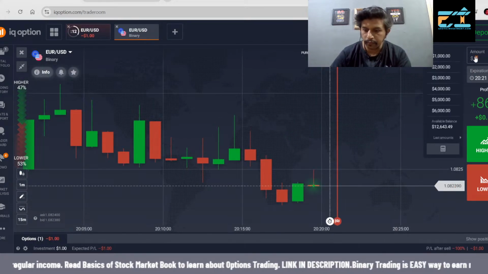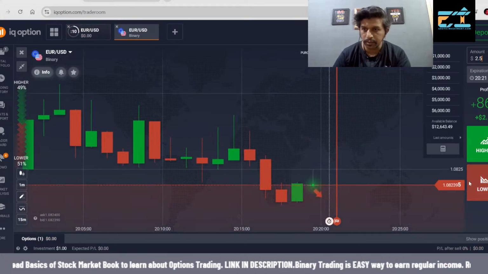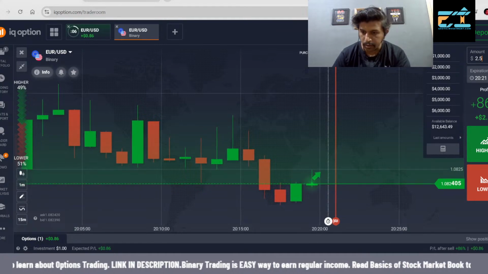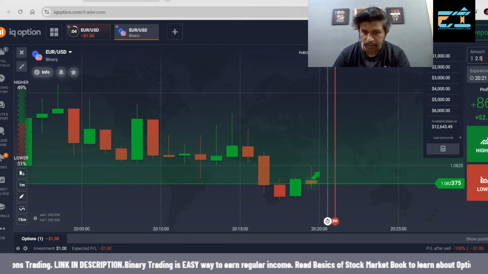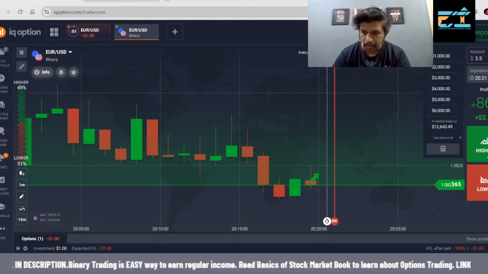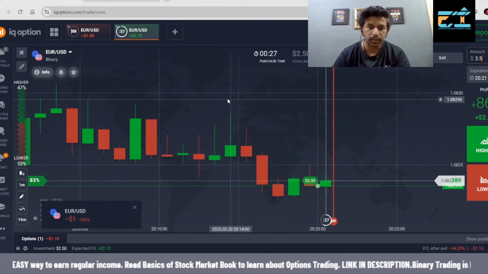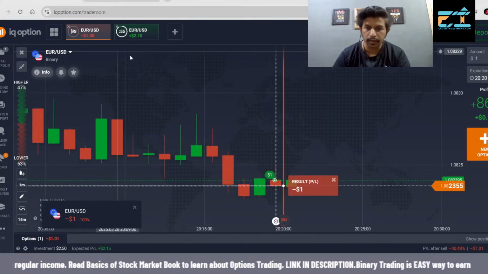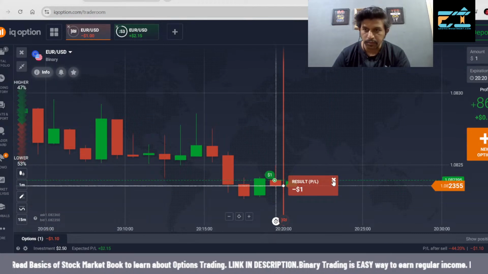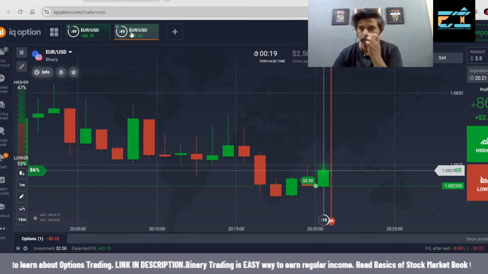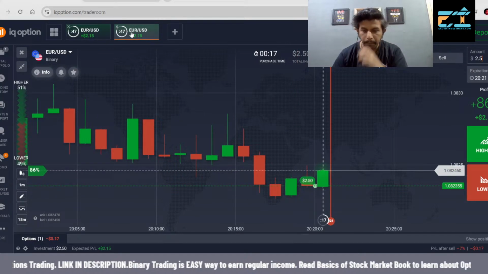So 2.5 is what I'll place the trade with, and if I am not able to win in this particular trade, I'll place it now. I've placed another trade. I have lost in this particular one, so I did place this trade now.